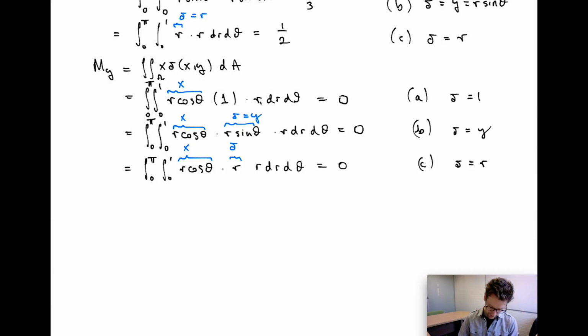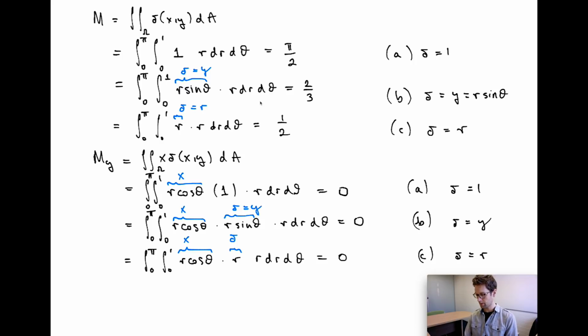So you notice something interesting here. In every single case here, the moment about the y-axis is equal to 0. So that was for a uniform density, a density that depends upon y, and a density that depends upon r.